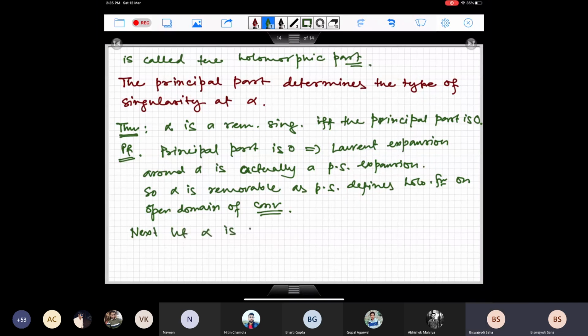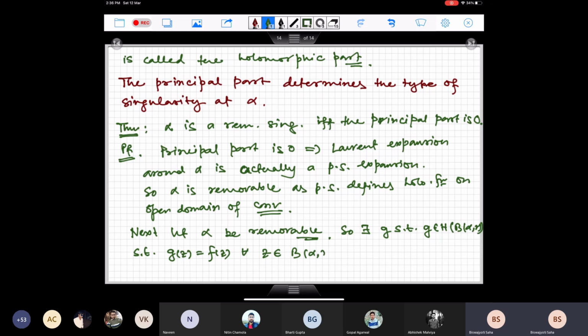Next, let alpha be removable. I'm assuming alpha is removable, so there exists some function g, holomorphic in B(alpha, r), such that g(z) equals f(z) for all z in B(alpha, r) minus alpha. This is what I am given, and I have to show that the principal part of f is not there.